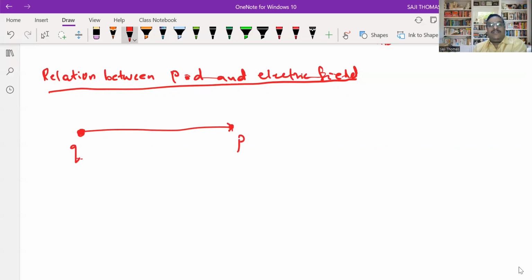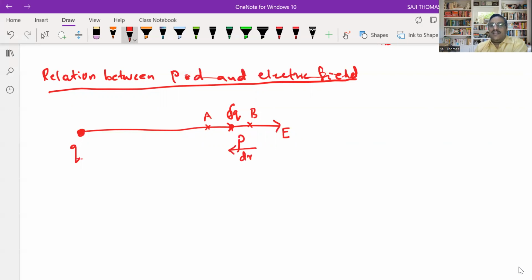Here, you know, electric field due to the source charge is directed away. Electric field direction is in this way. And I am moving the charge from this point B to A. So I am placing a test charge delta Q. Suppose I move a test charge delta Q from B to A. So when you are moving B to A, suppose dr is the displacement.